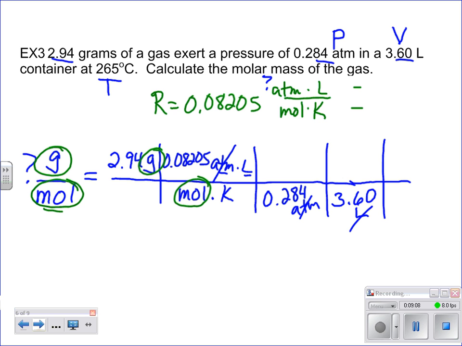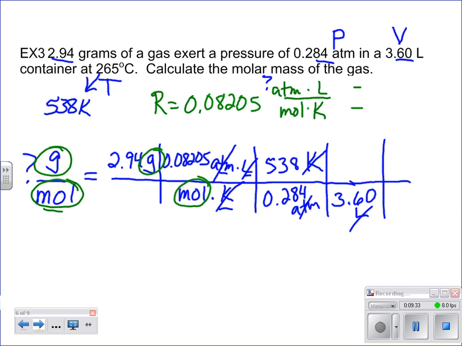So liters are gone. Last thing, we have some temperatures. So 265, anybody do that conversion real quick? Thank you. 538 Kelvin. So since I've got it in the denominator, I need to put it in the numerator so that it cancels. Everything has canceled except what I circled in green.